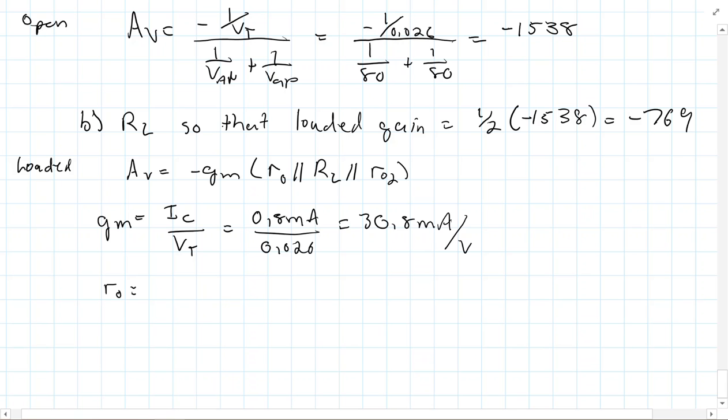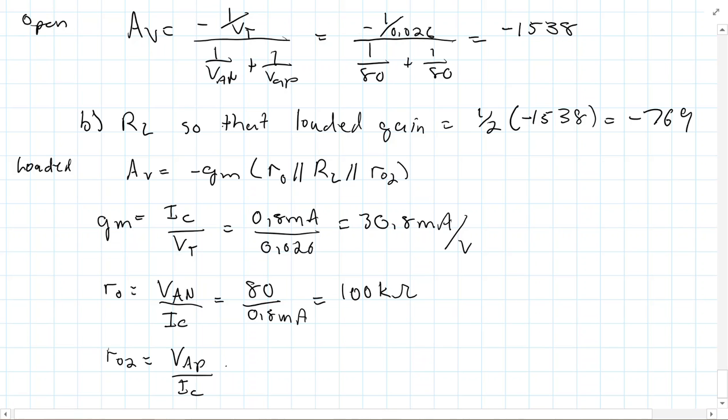RO is the early voltage divided by my current, so 80 over 0.8 milliamps. That gives us a nice number, but let's double check. This is going to give me 100 kilo ohms. And then for RO2, it's VAP over IC, which is the same thing, so it's 100 kilo ohms.